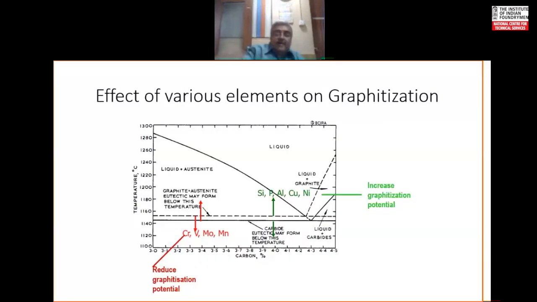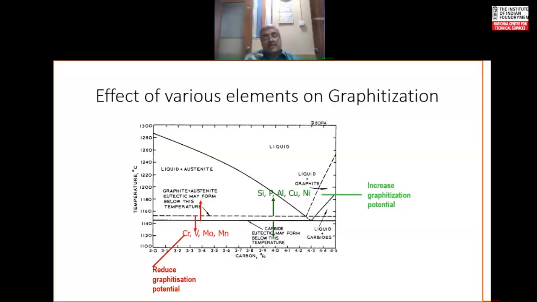Diagrammatically, on a phase diagram, it can be seen like this: chromium, vanadium, molybdenum, and manganese will reduce the graphitization potential. That means they will push the cementite line upwards and push the graphite line downward, so the gap between the two will get reduced.